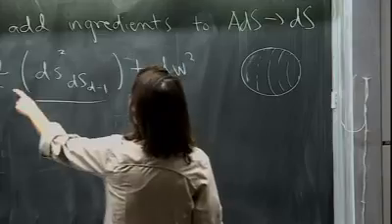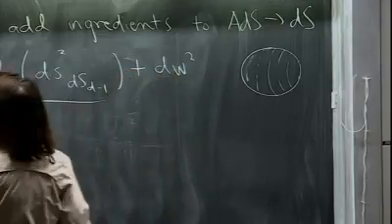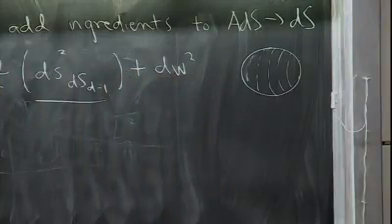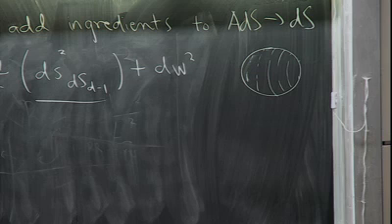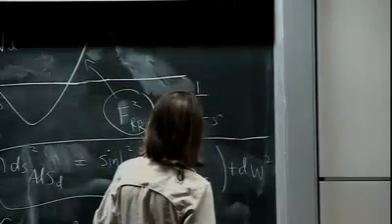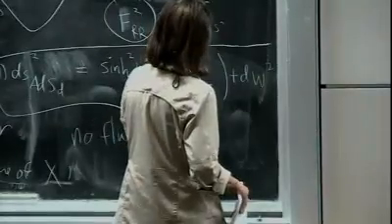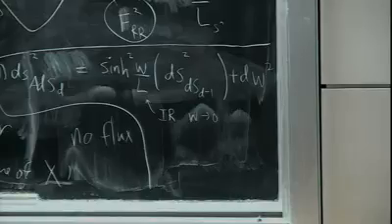And what you see here is that whereas in ADS there's the infrared, where the warp factor, the gravitational redshift factor, G0 goes to 0, there's one place where that happens. Here there's two places. So the infrared is at W equals 0 and pi.